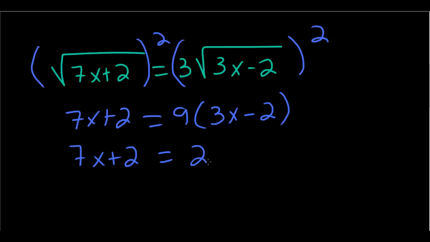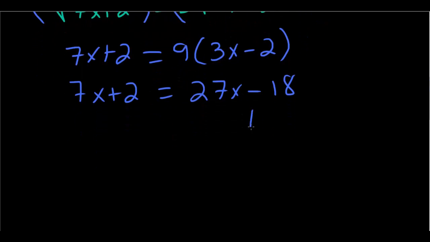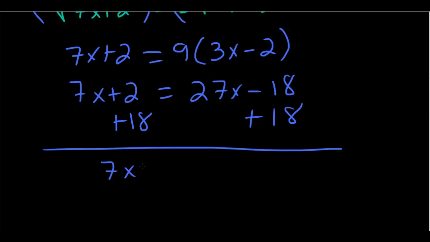So that's going to be 27x minus 18. We add 18 to both sides. 7x plus 20 equals 27x.